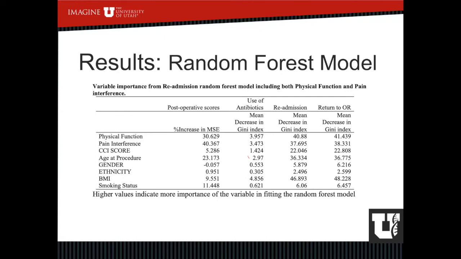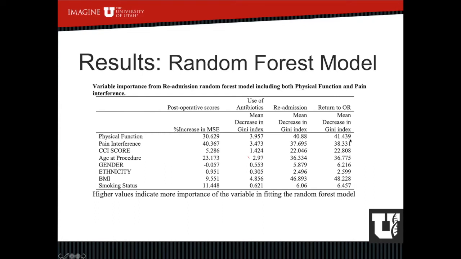So for all 3 of these outcomes, wound healing complication, hospital readmission, and return to OR, BMI actually had the greatest importance. The next greatest importance for all 3 outcomes was the PROMIS physical function score. For use of antibiotics, it was very close behind BMI, as was hospital readmission, and unplanned return to the operating room.